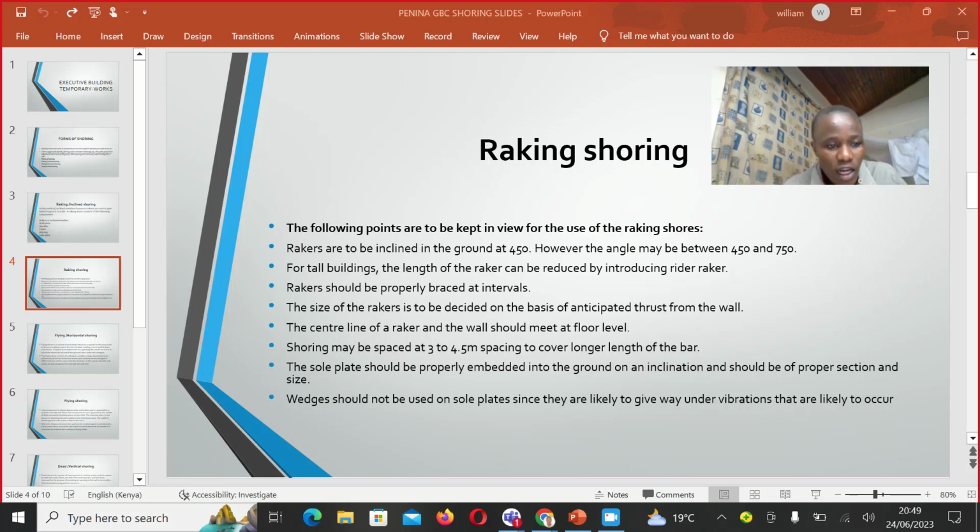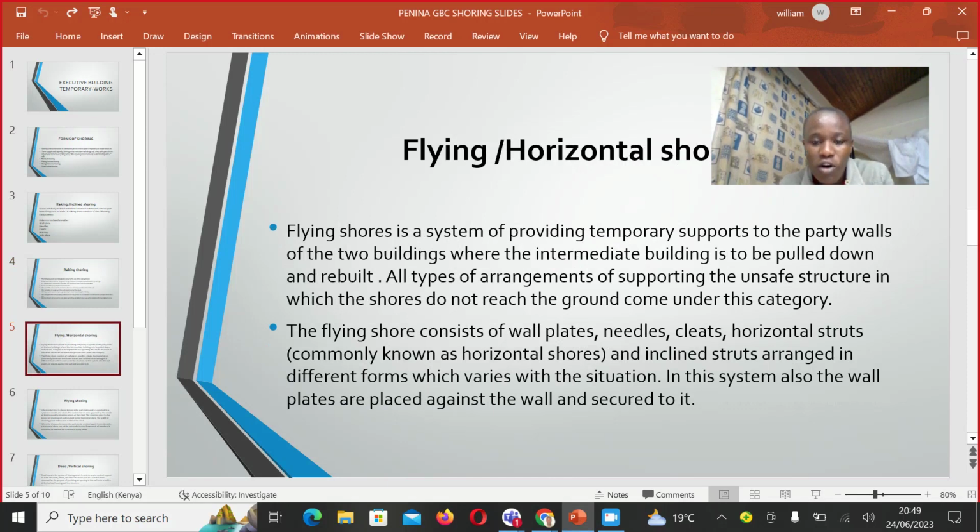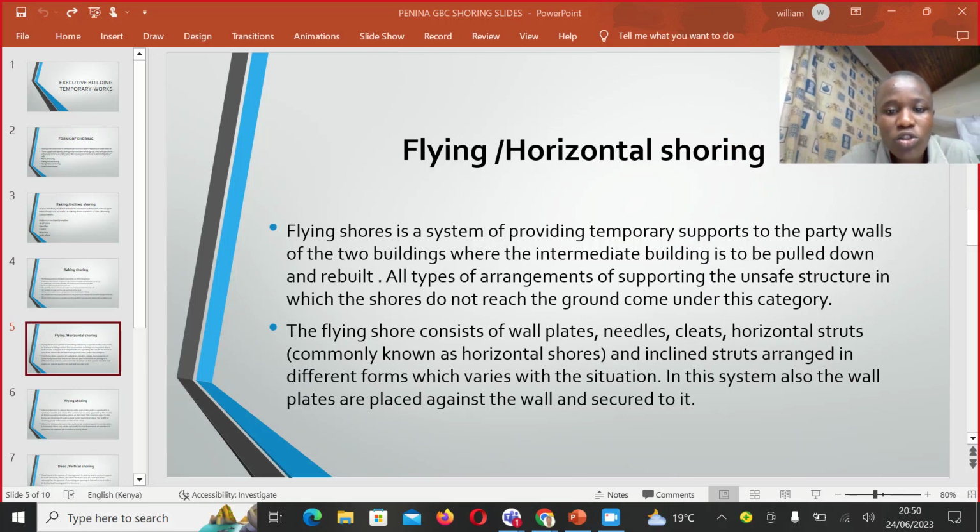Now, our next form is flying or horizontal shoring. Horizontal shoring is provided for temporary support to the party walls of two buildings, where the intermediate building is to be pulled down and rebuilt. Party walls are walls that adjoin two buildings. The shore consists of wall plates, needles, cleats, horizontal struts, and inclined struts arranged in different forms, which vary with the situation.